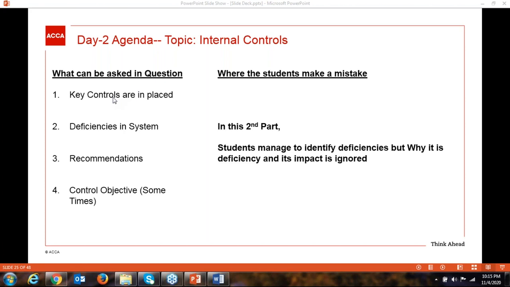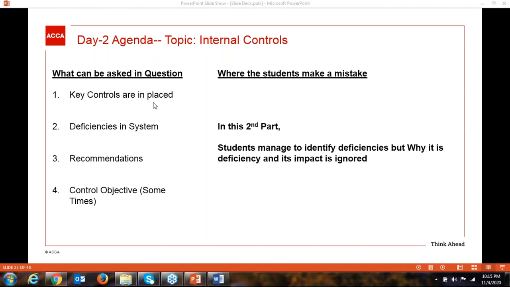You need to remember that these key controls will be given in the question. You just need to identify those key controls, and why it is a key control, you have to mention it as well.